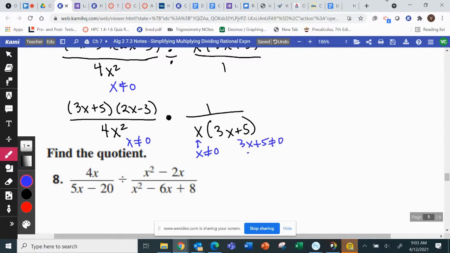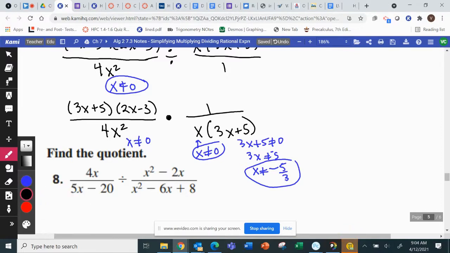So I'm going to solve that. 3x does not equal negative 5, so x does not equal negative 5/3. So I got x does not equal 0 and x does not equal negative 5/3.